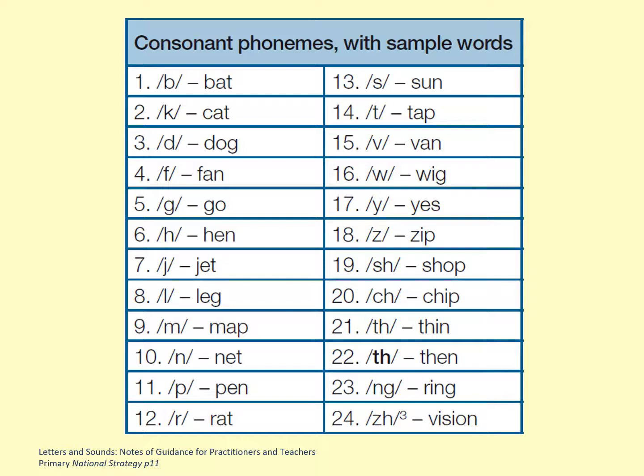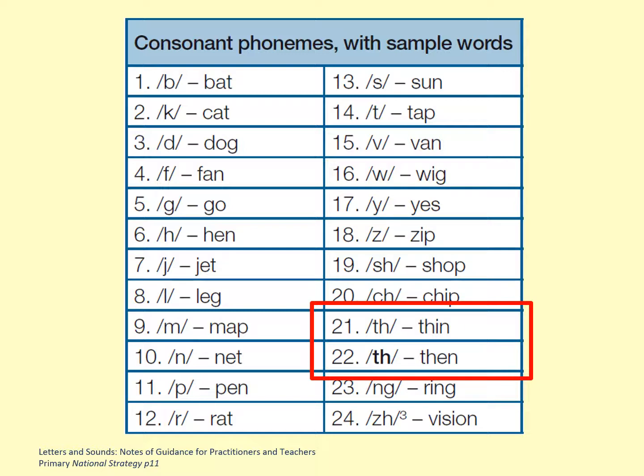And here we have the consonant phonemes with sample words. Again, we have got a difference between TH in normal type and then TH emboldened. So if you say "thin", then you are saying the th sound just by allowing air to escape.